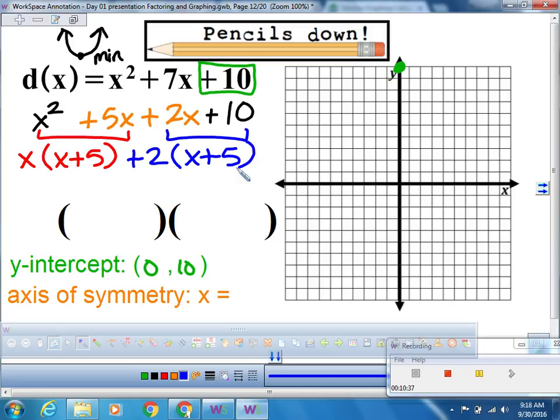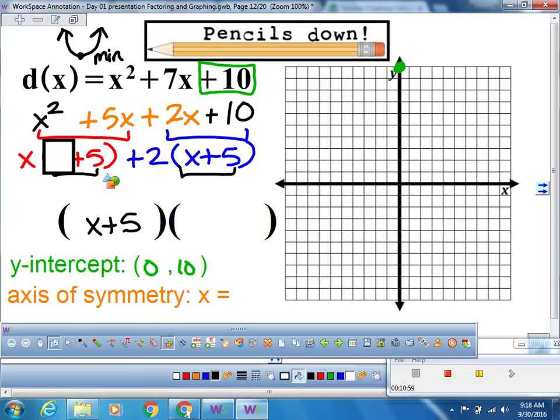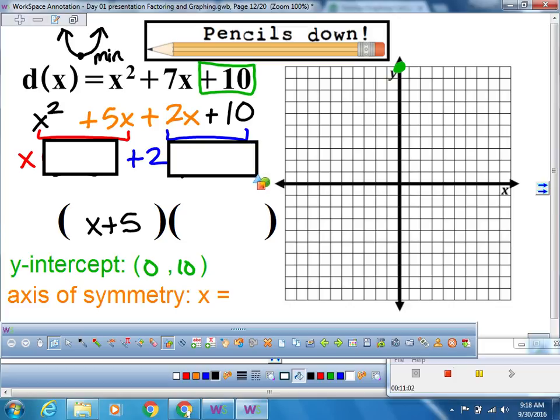So I'm going to factor out an x plus 5 from both of these terms. See how this is one term right here being multiplied, and this is another term being multiplied? I'm going to factor out the x plus 5. So that's like saying it's gone now. Factor out the x plus 5, and what am I left with? I'm left with x plus 2.